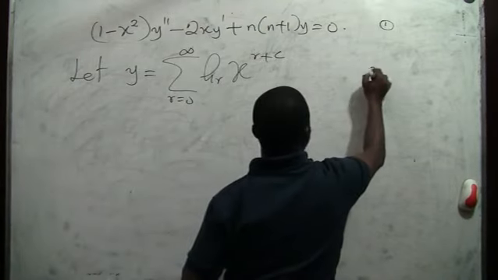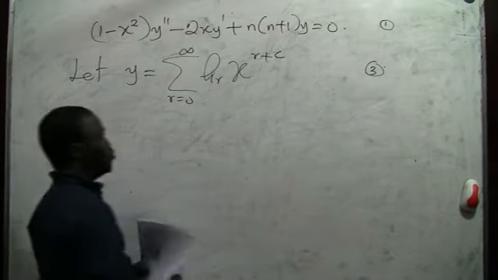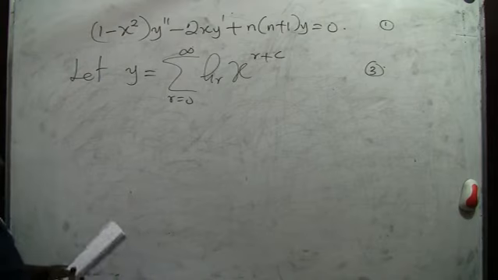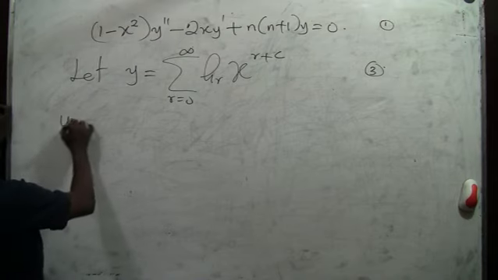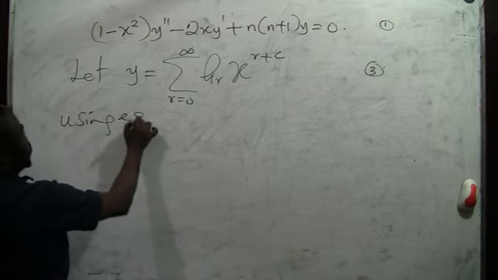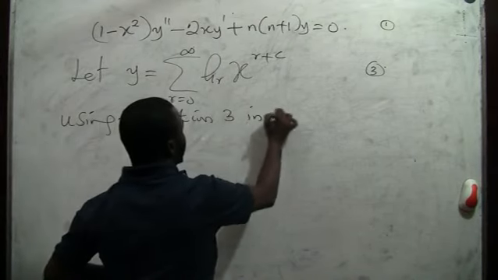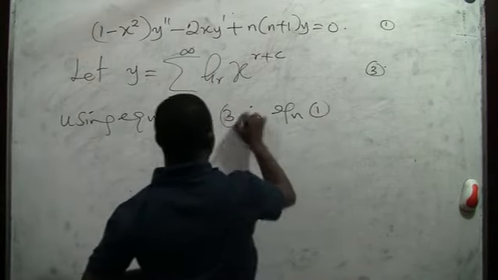Call this equation 3 since we already have equation 2, and that's our trial solution. So the next thing is to substitute equation 3 in equation 1. Using equation 3 in equation 1, what do we have?